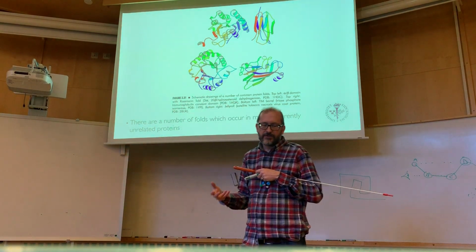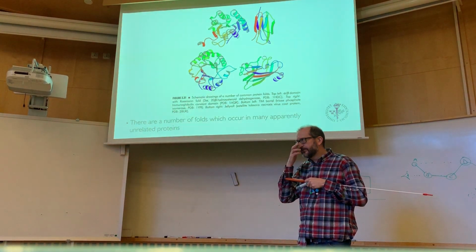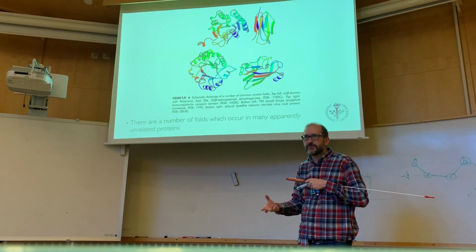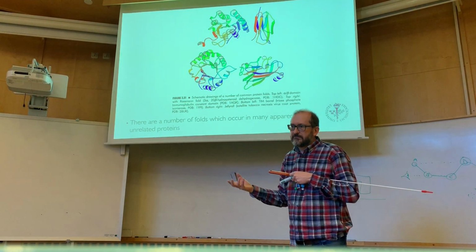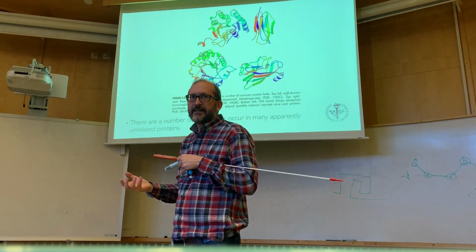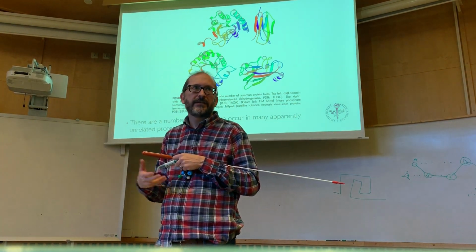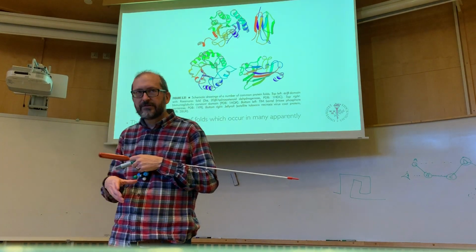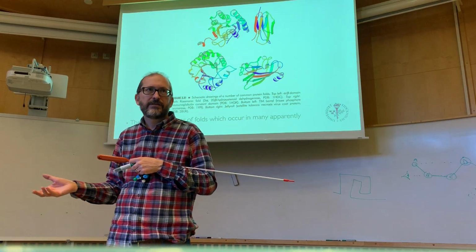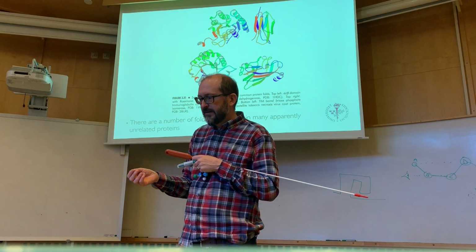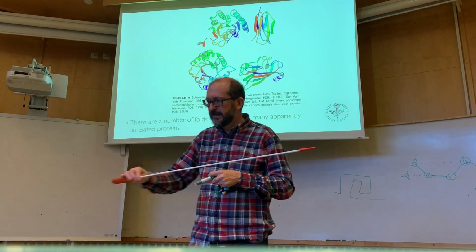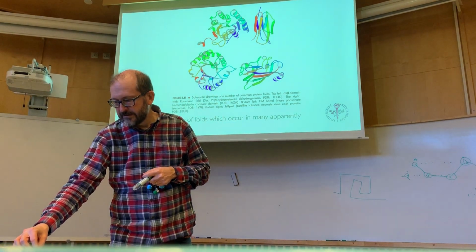And so you've learned a lot of folds, and it turns out that if you have the same fold in two different proteins, it's not really clear that they have a common ancestor, right? There are very many cases where there's absolutely no sequence identity, and maybe you'll never be able to prove, or at least to my knowledge, it hasn't been proven that they don't have a common ancestor.